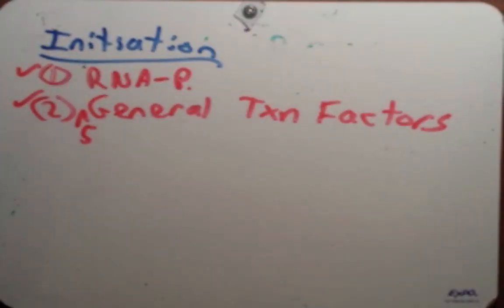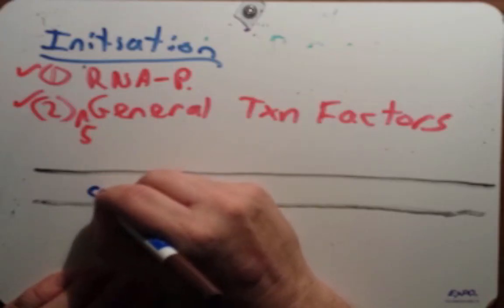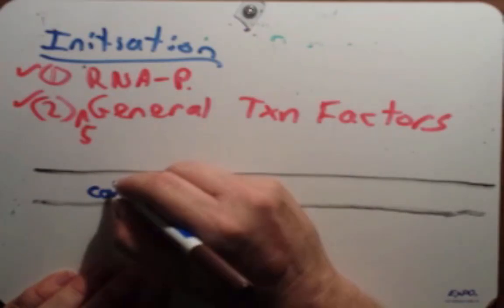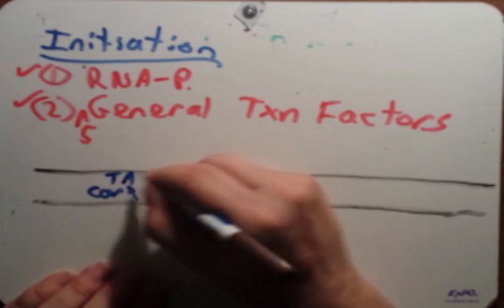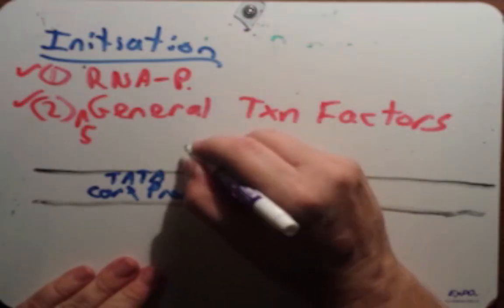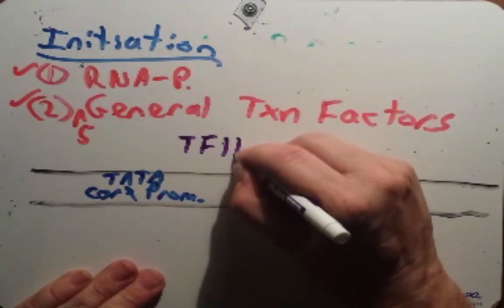So let's draw our famous gene here with our core promoter here with that TATA box there, T-A-T-A box. And what binds first here to initiate, to get the whole system going, is a general transcription factor, transcription factor 2D.